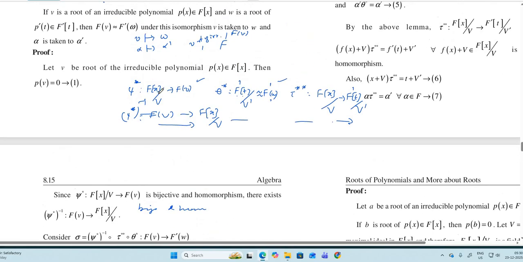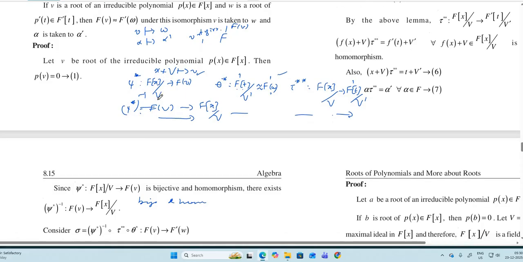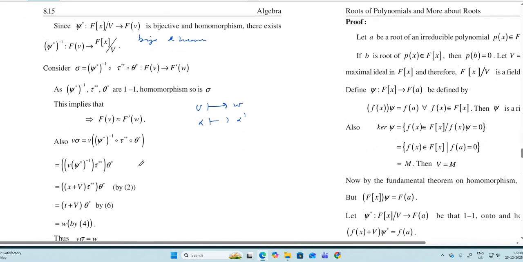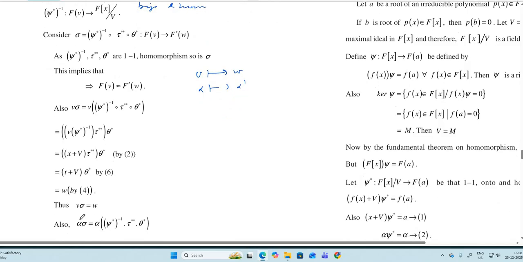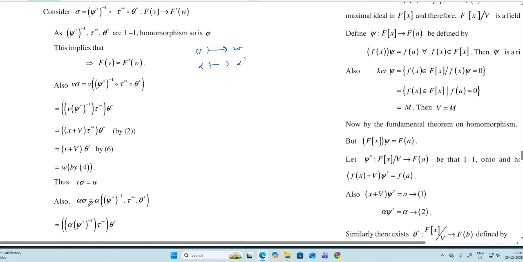It takes x plus v to v, which means v is taken to x plus v under the inverse. But tau double star takes x plus v to t plus v prime, and theta star takes t plus v prime to w. All these we have named as equations 2, 6 and 4. So according to that, v is taken to w.